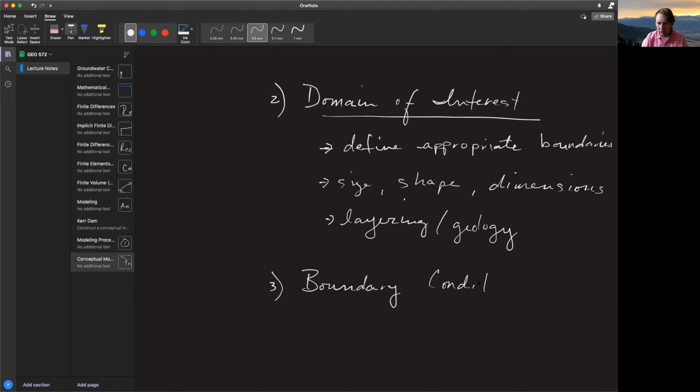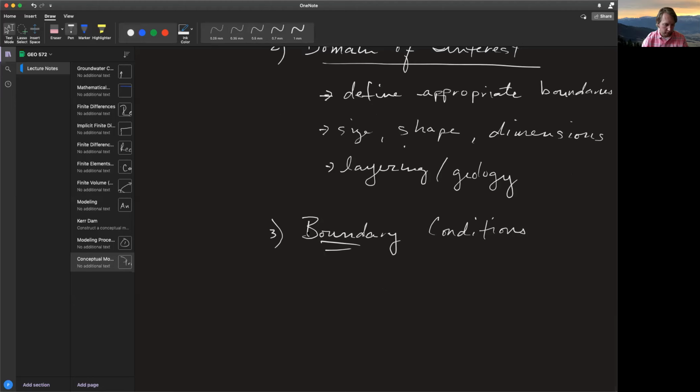Three, boundary conditions. Boundary conditions control the solution to the boundary value problem. These are critical for the modeling process. We need to think about what type of boundaries we have. We have three types.